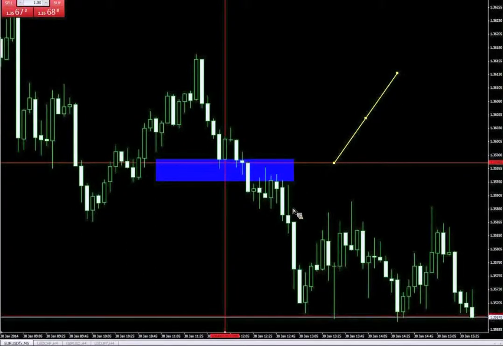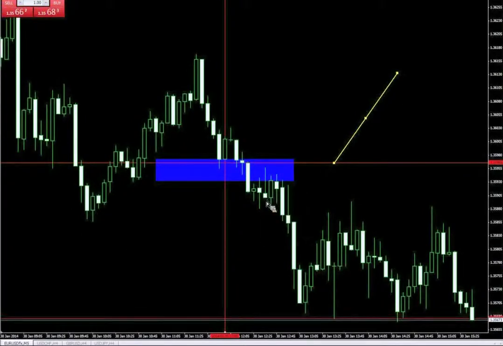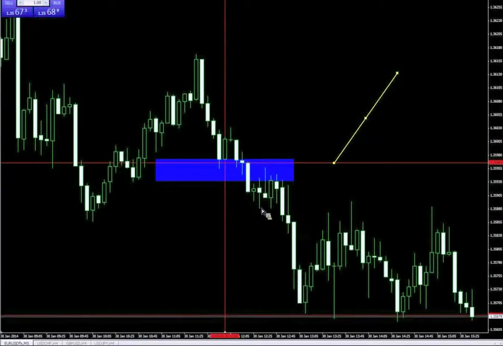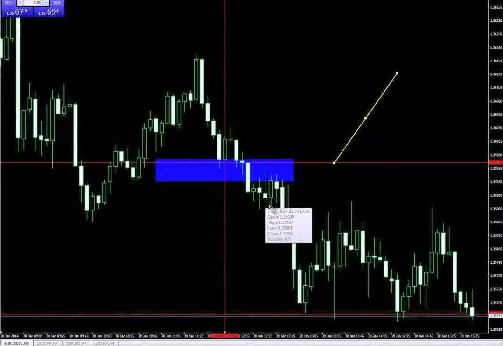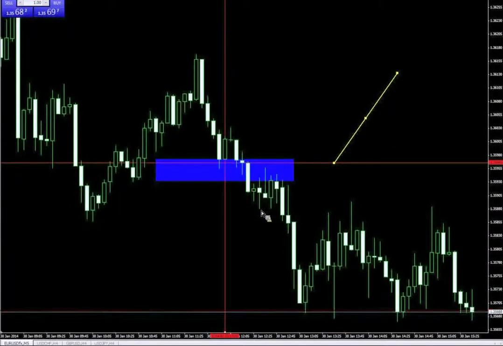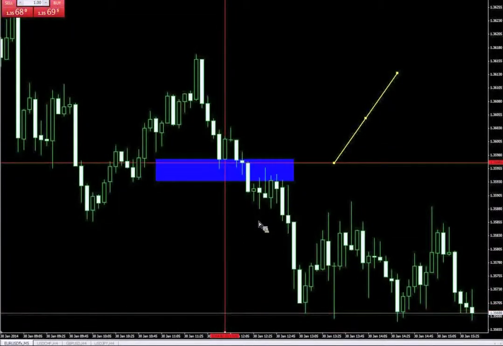I'm not sure what you guys are looking at, so there's something I'm not explaining right. Here is our push down right here. You see that? And now this is a higher low than the previous low in a downtrend. It's the exact same thing we were talking about. This candle, let me blow this up.